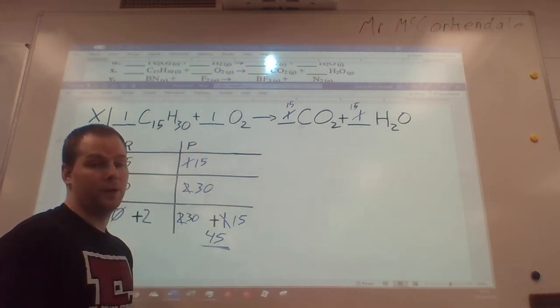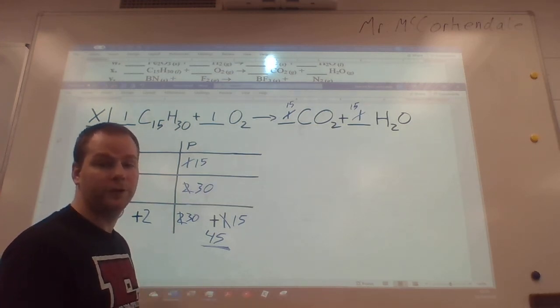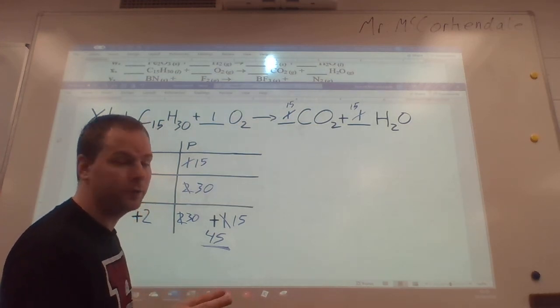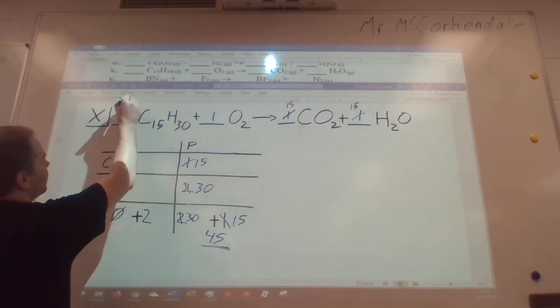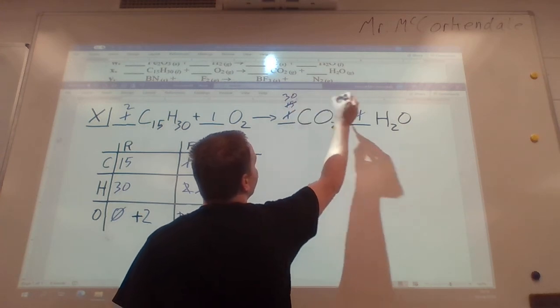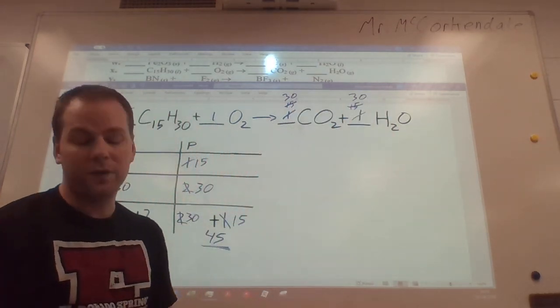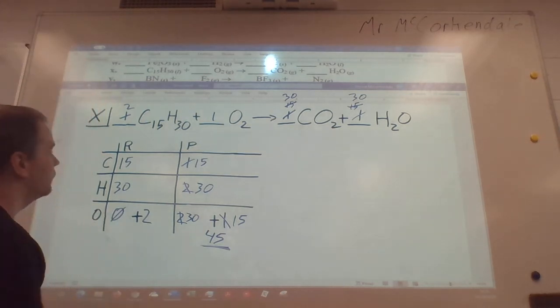When that happens, the trick is to double all of the coefficients that you currently have down. So we turn this into a 2, this into a 30, and this into a 30. And that's going to double everything in the table now as well.